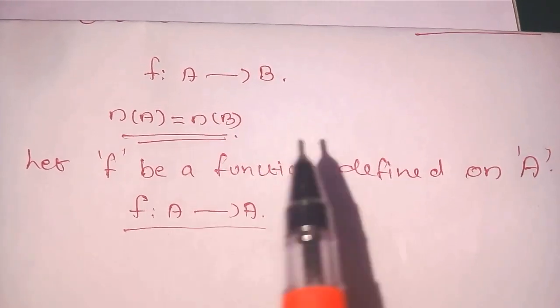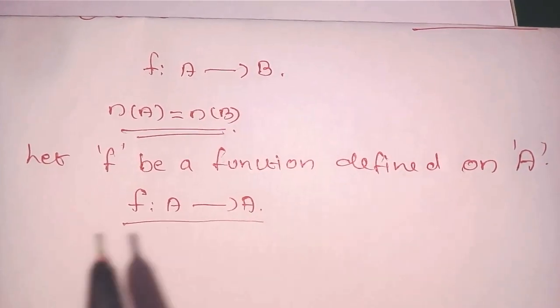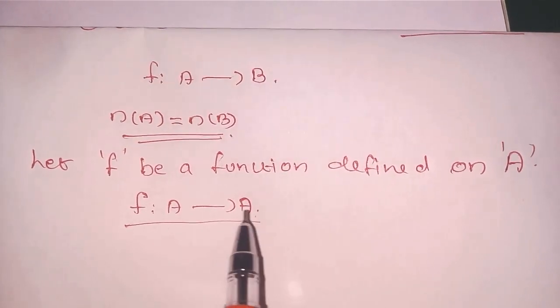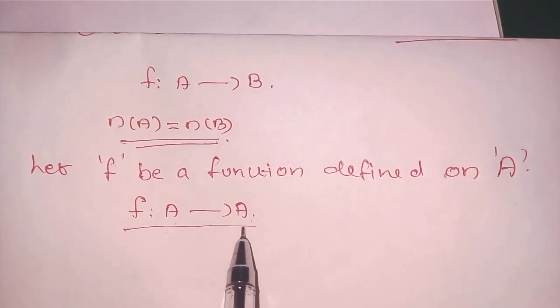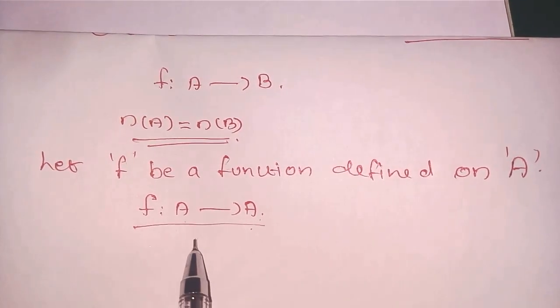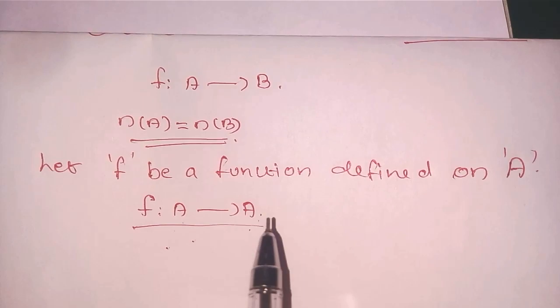So f is a function defined on A means f will be a function from A to A itself. That means the domain and codomain of the function f will be equal to this set A.